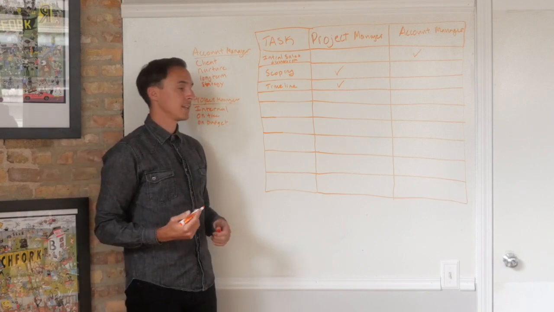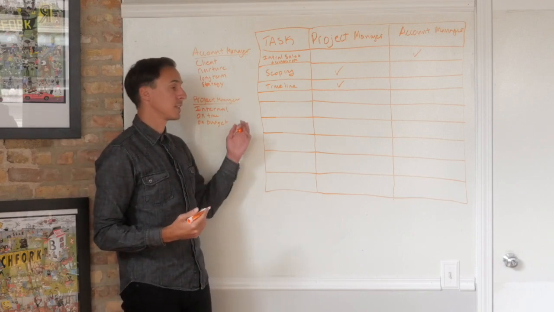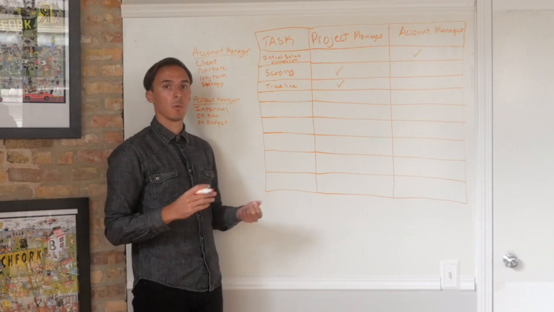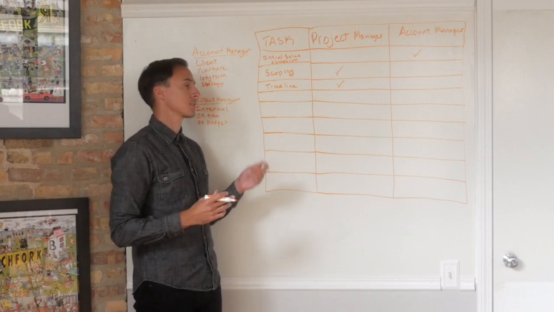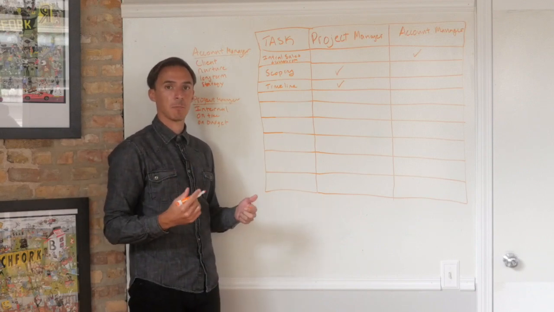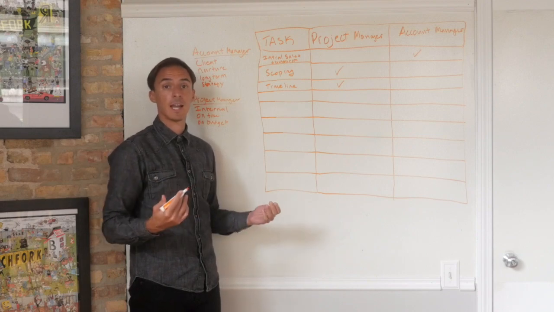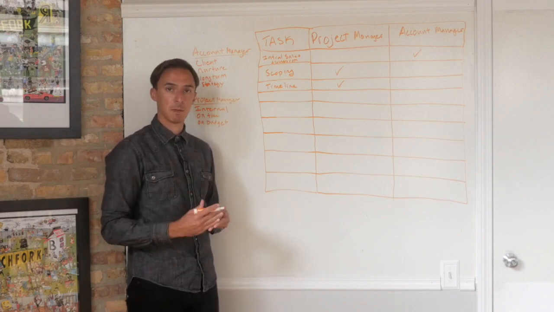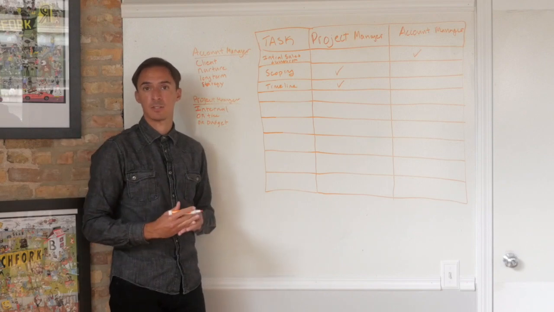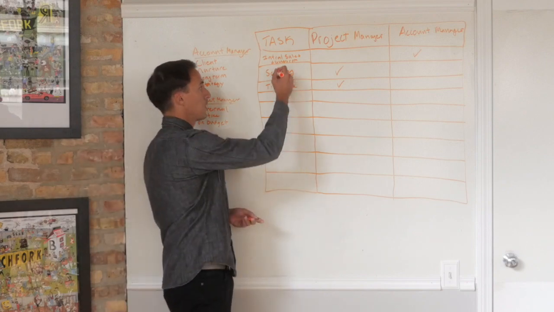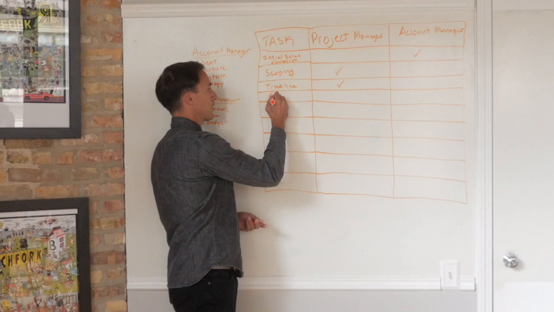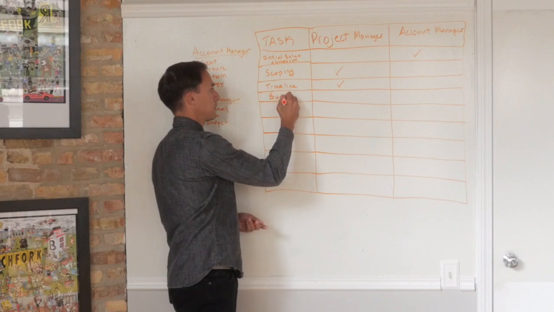The important thing is that the project manager will work with the entire internal team to understand what the timeline is, and from the timeline get the scope, because the timeline is going to help influence it by understanding what all the tasks that are going to be involved, which team members are going to need to be involved, and how much it's going to cost to include all of them. So when you have those two things, you obviously have the third thing that comes in line is the budget.